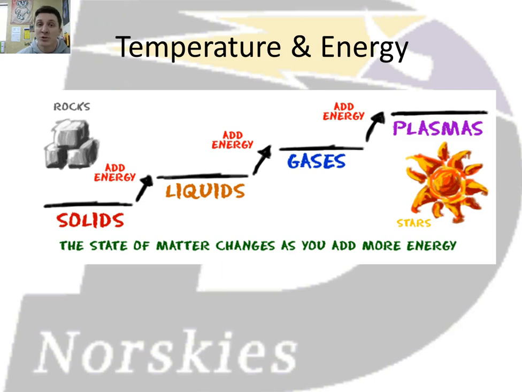It also works if you subtract energy, or energy is released from one of these states of matter: you can convert from a gas to a liquid, or a liquid to a solid, and even a plasma to a gas. So understand temperature and energy basically determine how fast the molecules move, and that movement will determine what phase of matter that material is in.